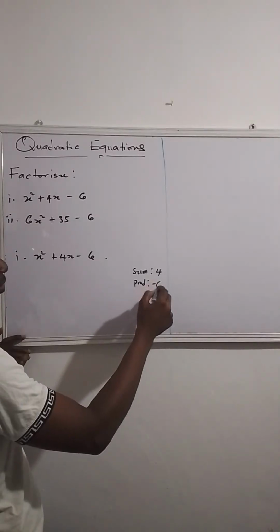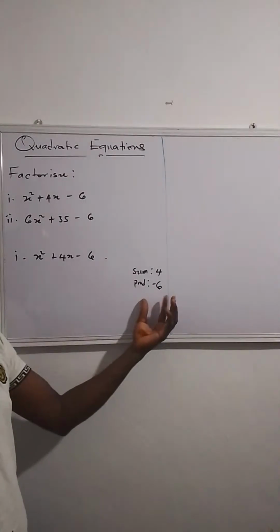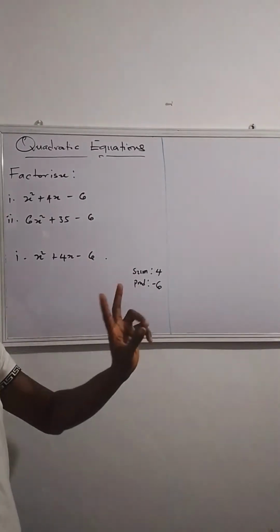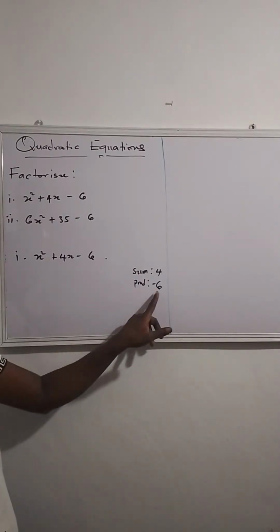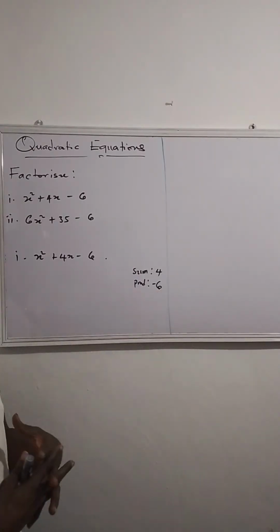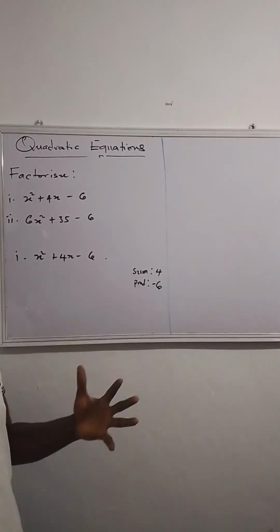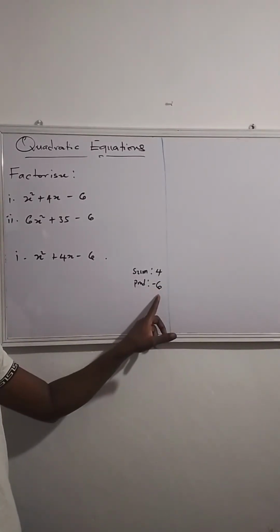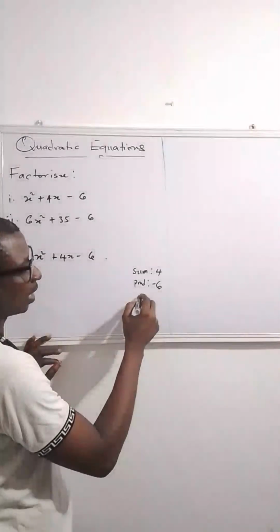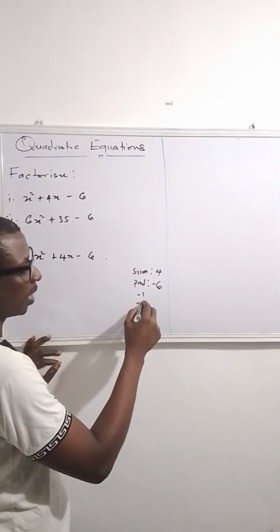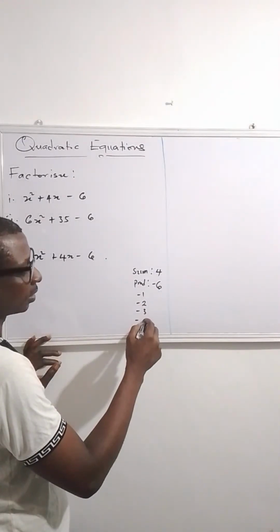Right? So now what we are saying is you give me two numbers such that when you multiply the numbers together you have minus 6, and when you add the numbers together you have plus 4. Now I told you the numbers must be factors of the product. So factors of minus 6 are minus 1, minus 2, minus 3, minus 6.